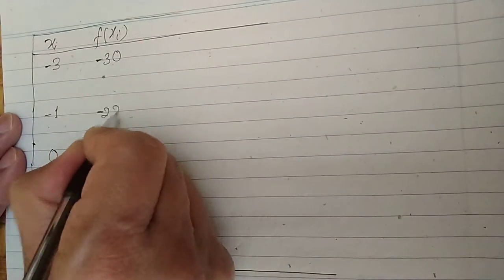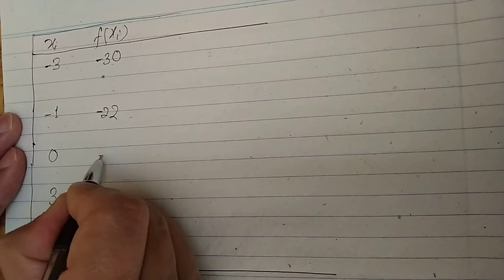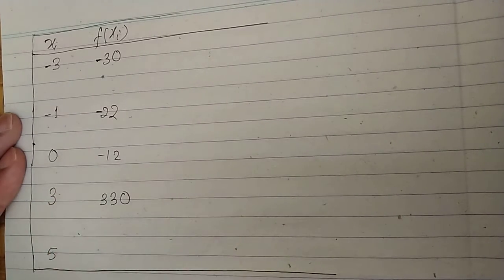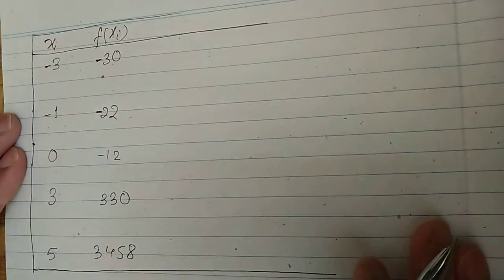Let's write down the corresponding functional values: -30, -22, -12, 330, 3458. Now let's write down the first divided difference. We'll denote it as delta d f.